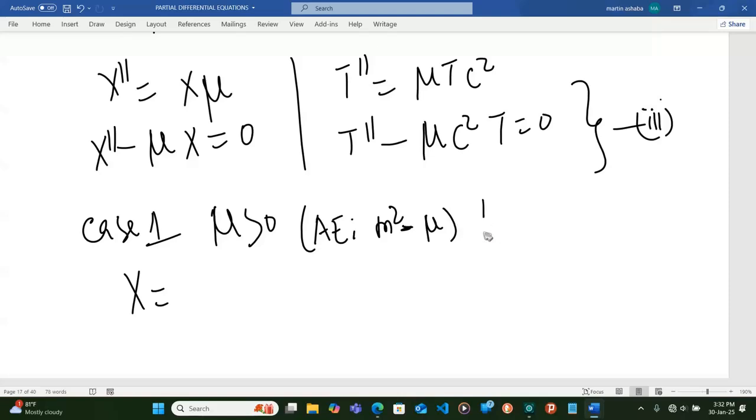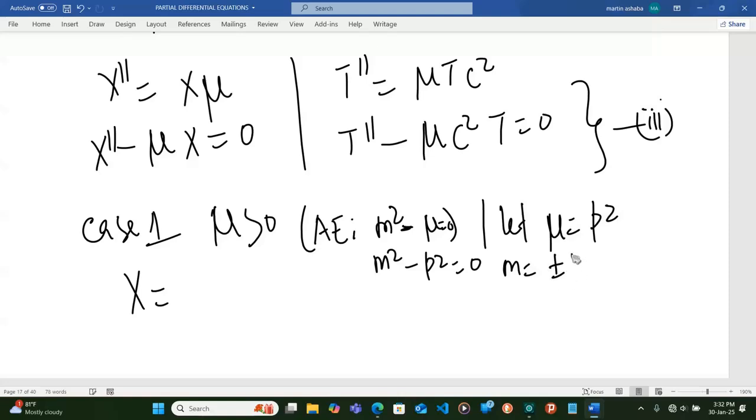Let us assume, for simplicity, let nu equal to p squared, so that I have m squared minus nu is equal to 0, so m squared minus p squared is equal to 0. Which would give me m equivalent to plus or minus p. So X is going to be A exponential of px plus B exponential of minus px.